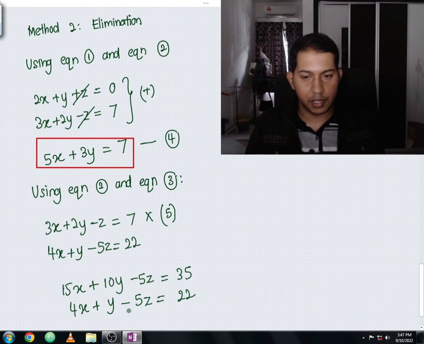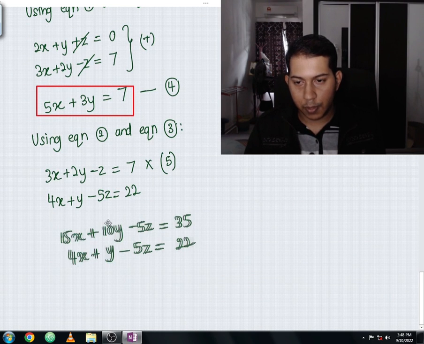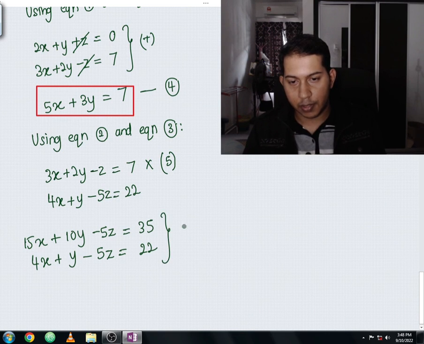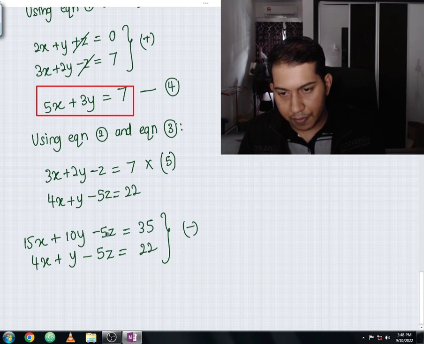So with these two equations, now we can perform the elimination. How are you going to eliminate the z variable? We're going to eliminate the z variable by subtracting the two equations. So equations 2 and 3, we're going to subtract them.